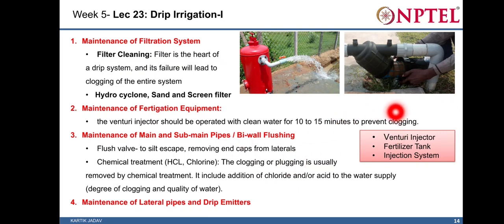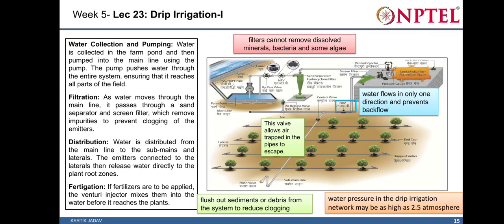And maintenance of lateral pipes and drip emitters requires similar kinds of treatment. In the fertigation unit we have three main units: the venturi injector, the fertilizer tank, and the injection system.